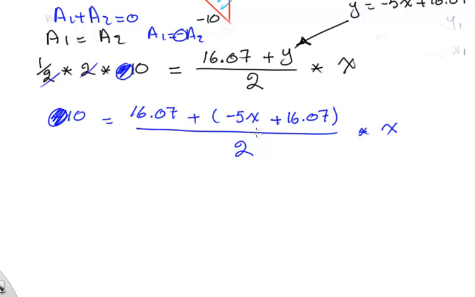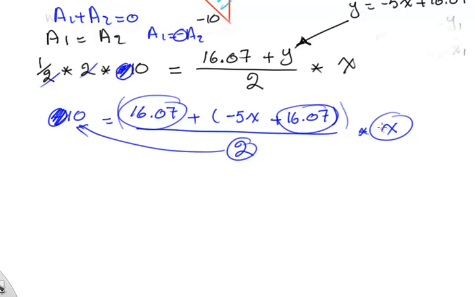If I expand this, I'll get the following. I can take the 2 multiplied by the 10, and I can add this one to that one, and then the whole thing is multiplied by x. I will get the following.